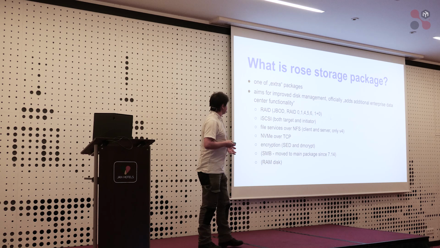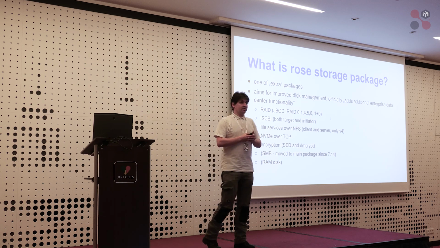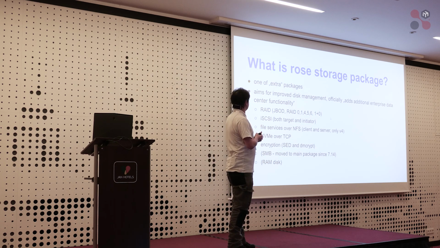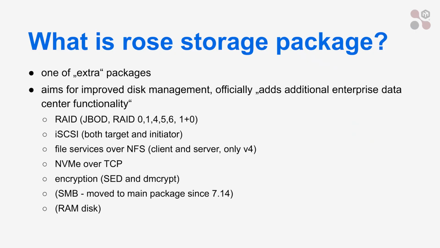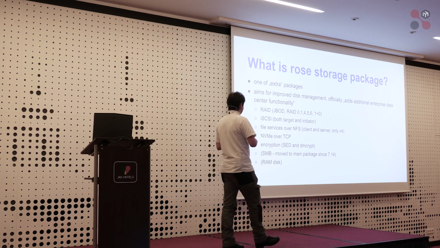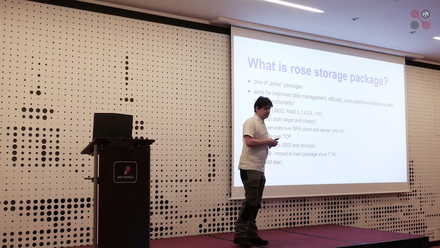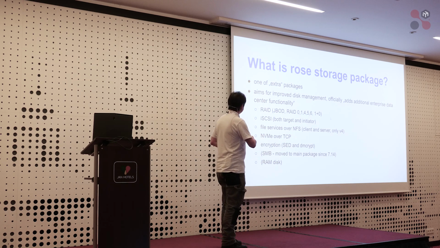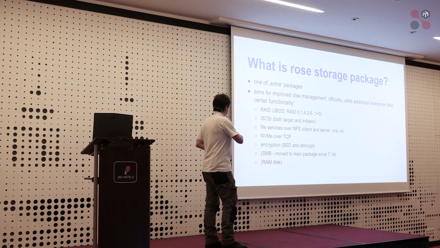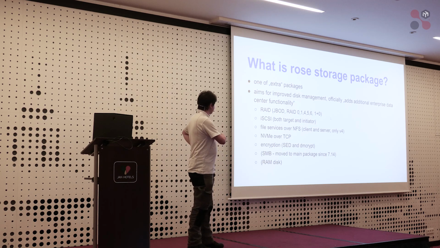So what is it? You can use RAID, in fact some JBOD, which is not RAID itself. You can use RAID from 1 to 6, plus some embedded RAIDs. You can use some block devices over network, which is iSCSI and NVMe over TCP.